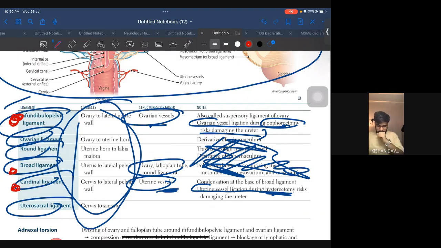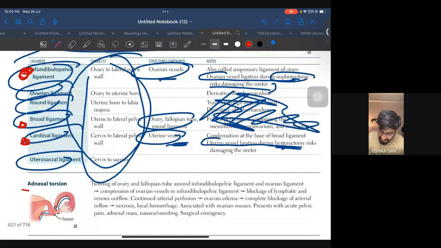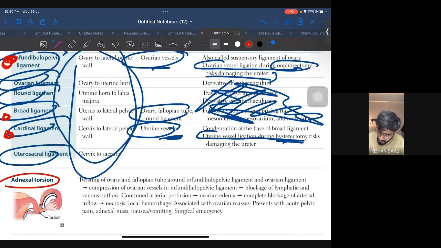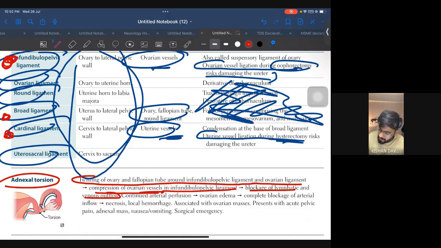All right, now adnexal torsion. Twisting of the ovary and fallopian tube around the infundibulopelvic ligament and ovarian ligament, compression of ovarian vessels in the infundibulopelvic ligament, blockage of lymphatic and venous outflow. So what will happen here is there will be ovarian edema, complete blockage of arterial inflow, necrosis, local hemorrhage. So this is how they will give it to you.